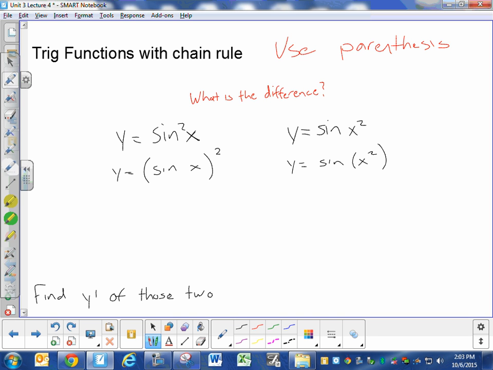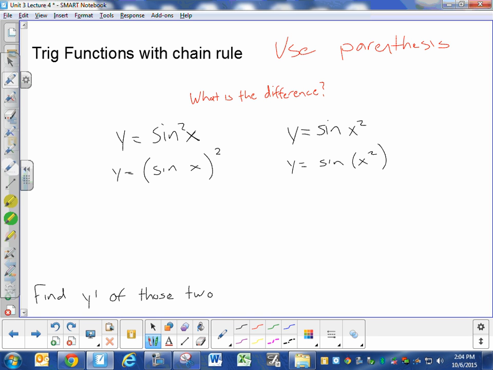Now, it's very important with trig functions that you understand that we are not having a product here. This is not sine times x squared. It is the sine of x squared. It's always a trig function of an angle to make it correct. So it's not sine times x squared, it's the sine of x squared. This is sine of x, quantity being squared.